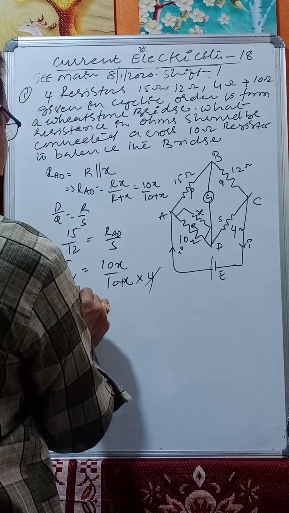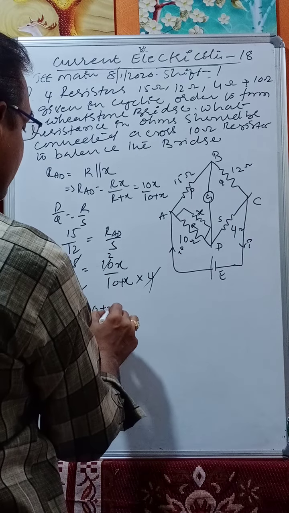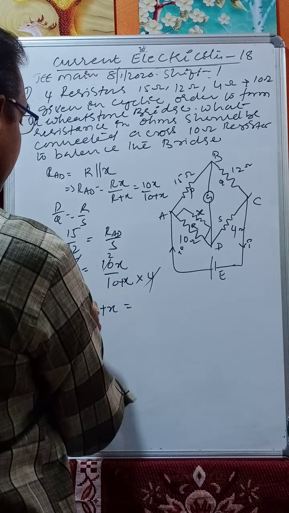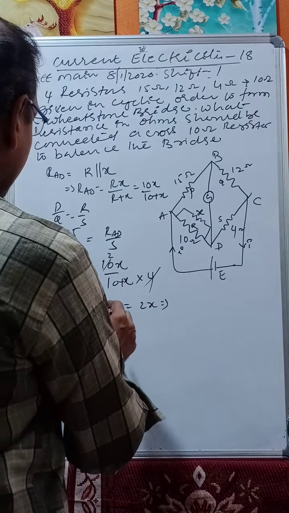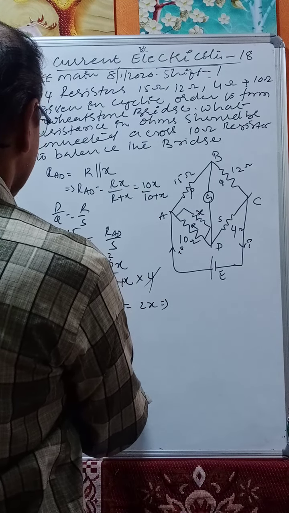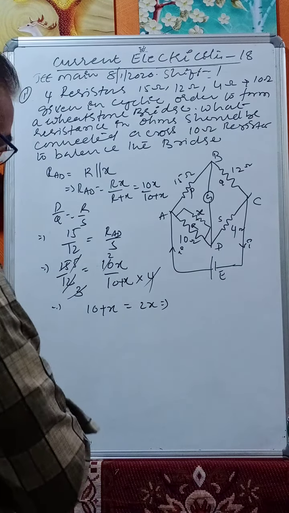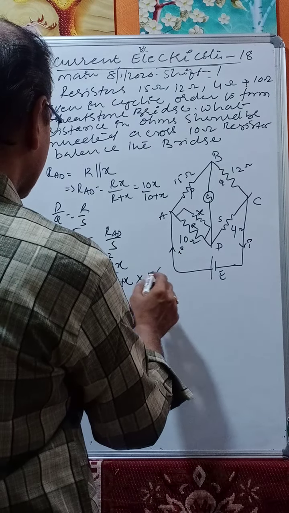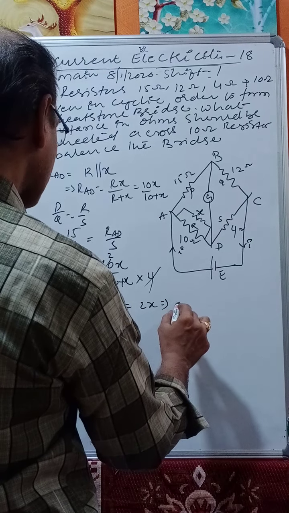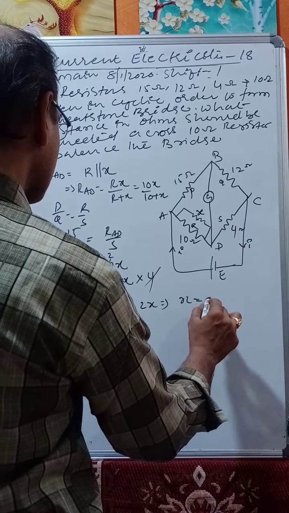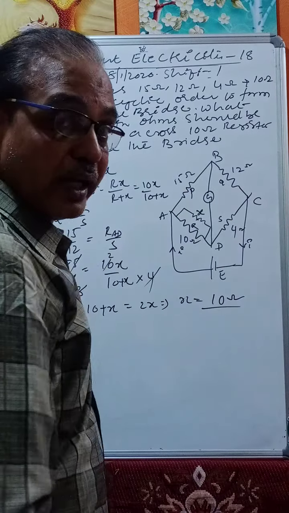This becomes 10 plus X is equal to 2X, so 2X is equal to 2X, implies X is equal to 10 ohms. Therefore, the resistance to be connected is only 10 ohms.